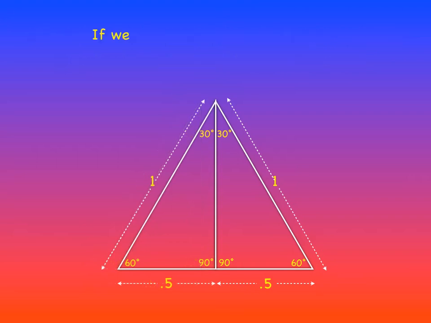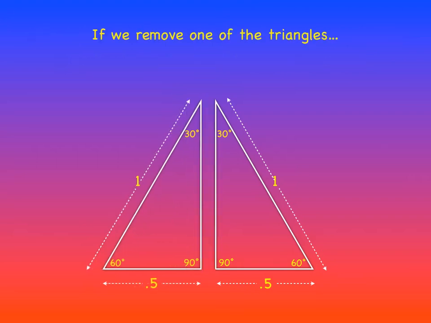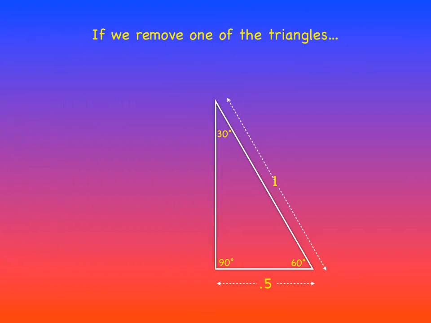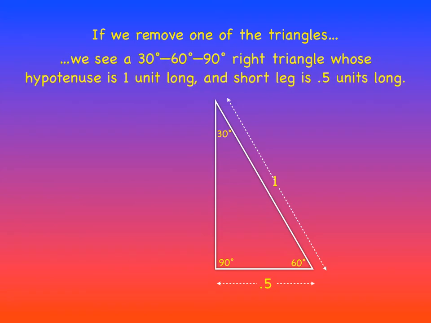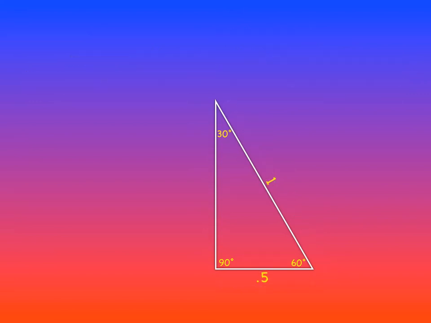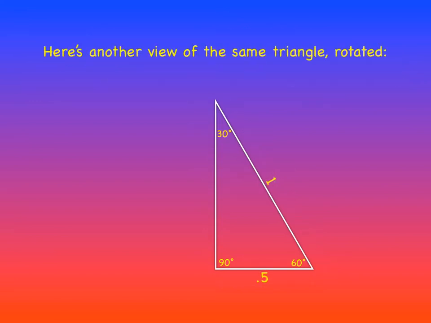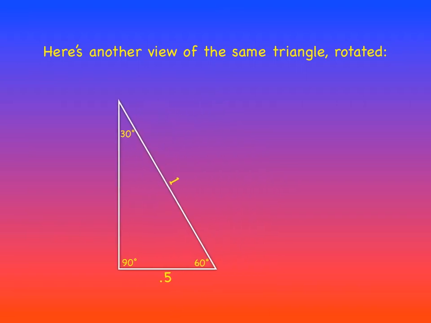If we remove one of the triangles, we see a 30, 60, 90 degree right triangle whose hypotenuse is 1 unit long and the short leg is 0.5 units long, half of a unit, 5/10. Here's another view of the same triangle, rotated.